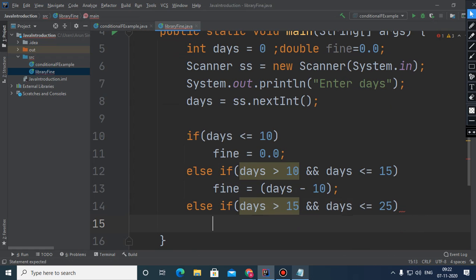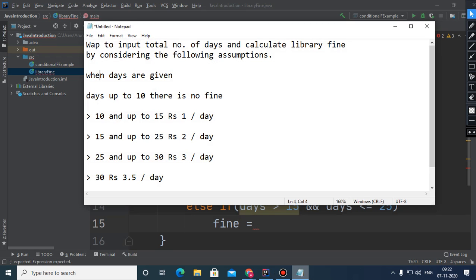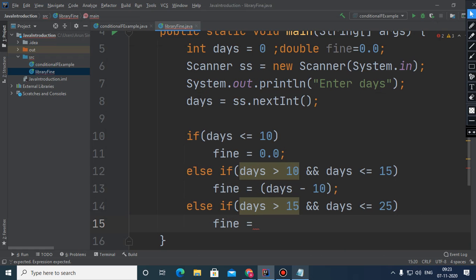So what to do is, children, first 10 days are free, but remember 10 to 15 means 11 to 15, 1 rupee per day, and 5 days are there, so 5 days will be calculated, 5 into 1, so no need to multiply with 1.